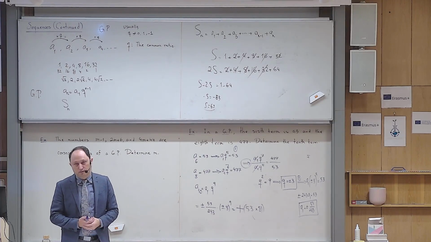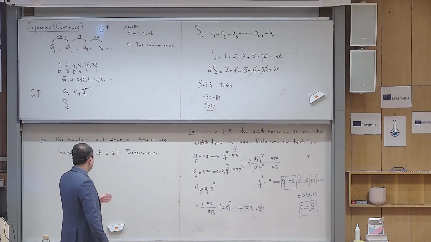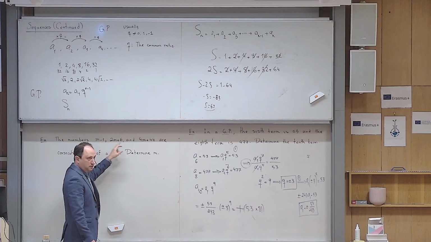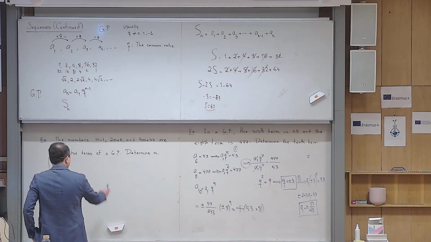Okay, so what can I do? Yes? This is just a guess. If we divide 2m plus 6 by m minus 1 and get q, and so if we divide 4m plus 44 by 2m plus 6, you get q, and these q's are equal. That's exactly the same, because I need a piece of information.